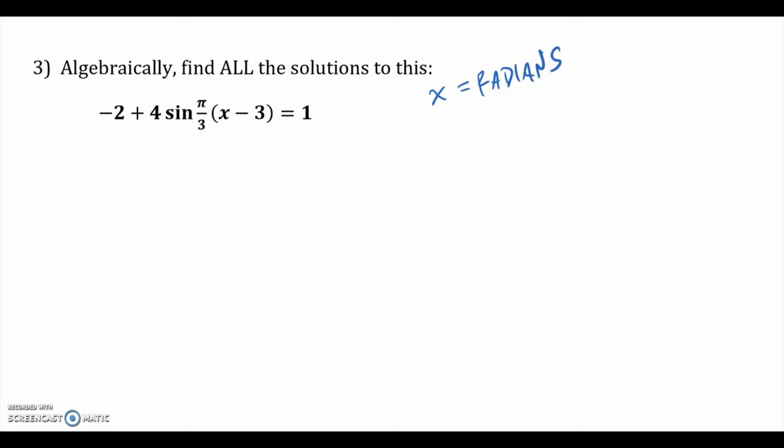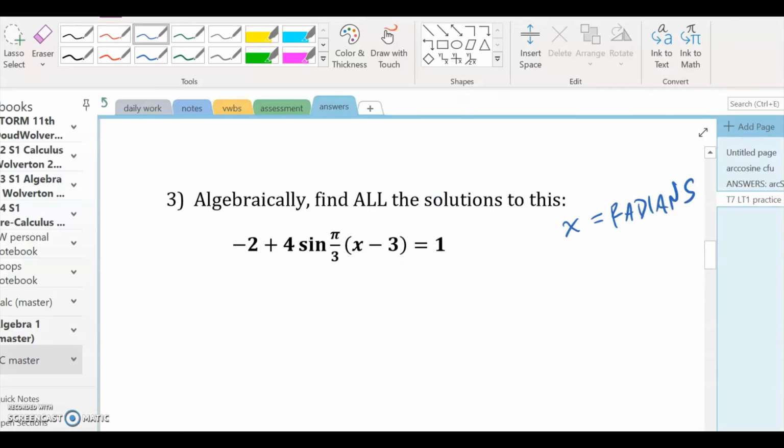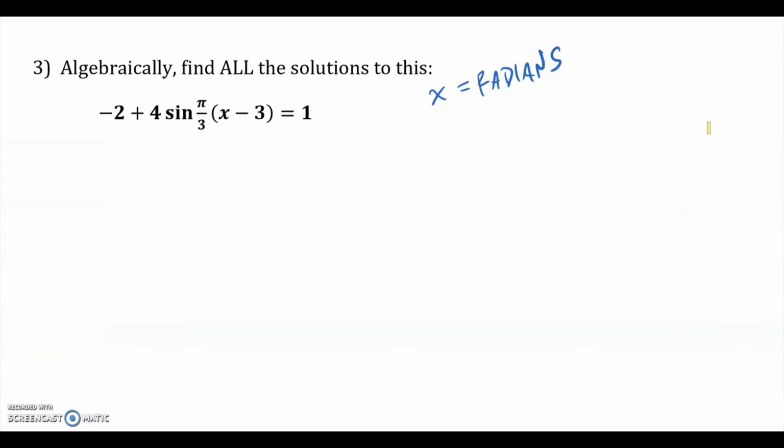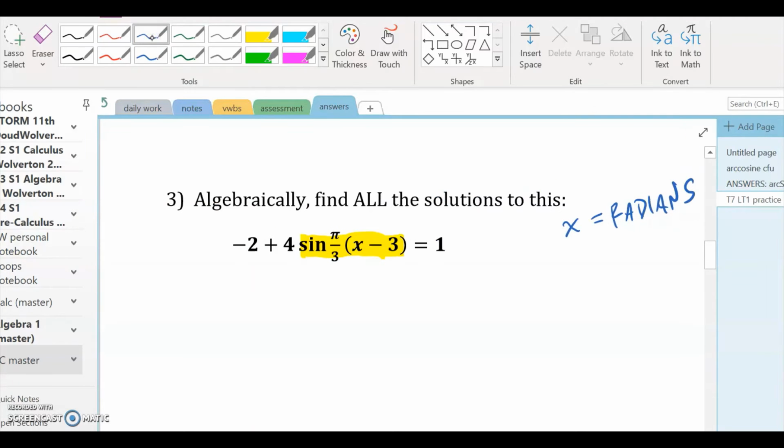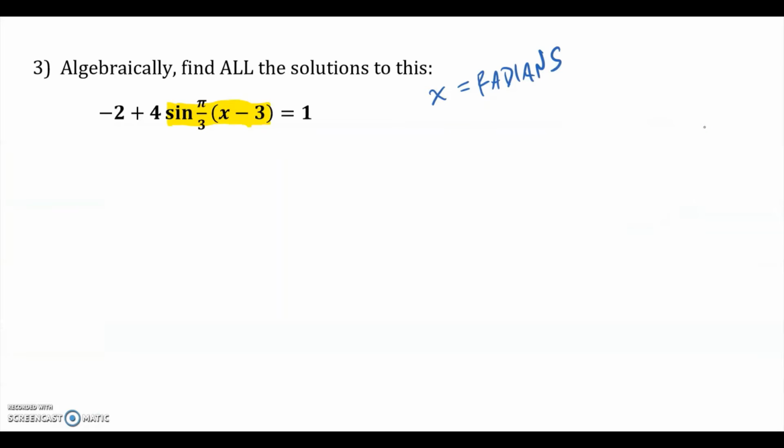Then, if you're really trying to break this down a little bit, think about it: this is one group, the sine of something. It's all trapped in there. So first, let's isolate that by adding 2 and dividing by 4. Then we can deal with that crazy highlighted piece here.